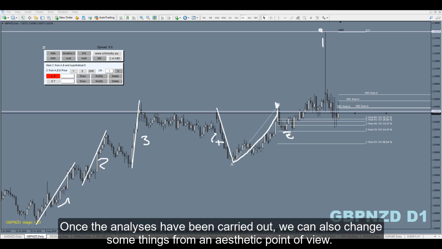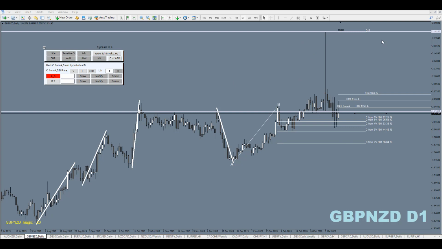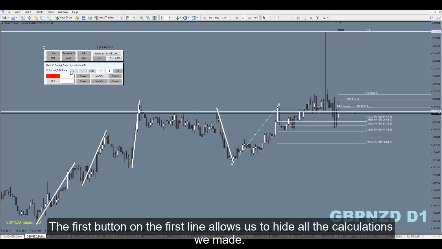Once the analyses have been carried out, we can also change some things from an aesthetic point of view. The first button on the first line allows us to hide all the calculations we made.